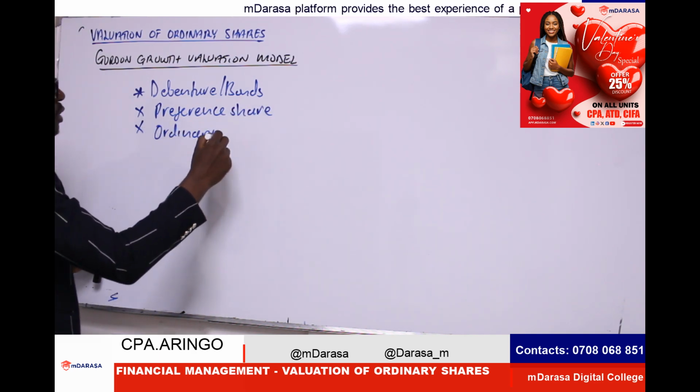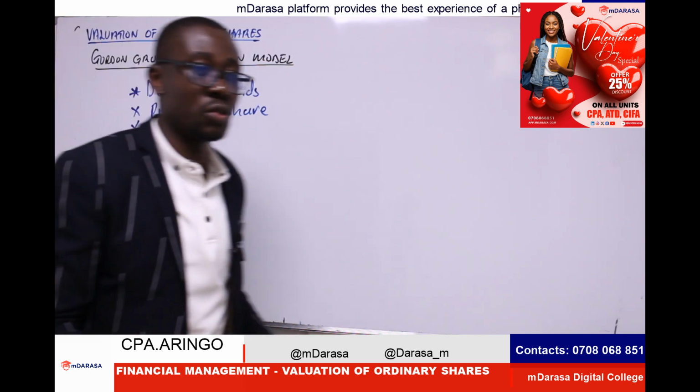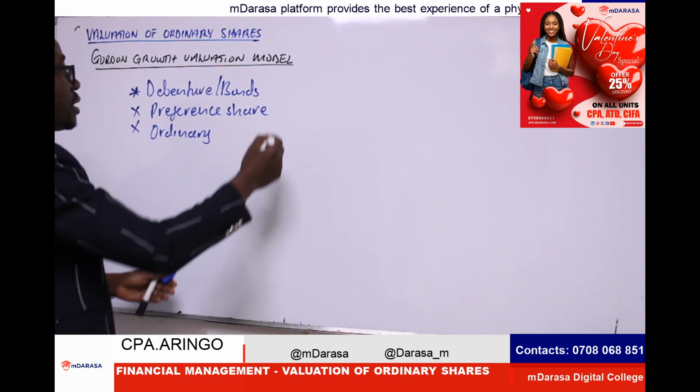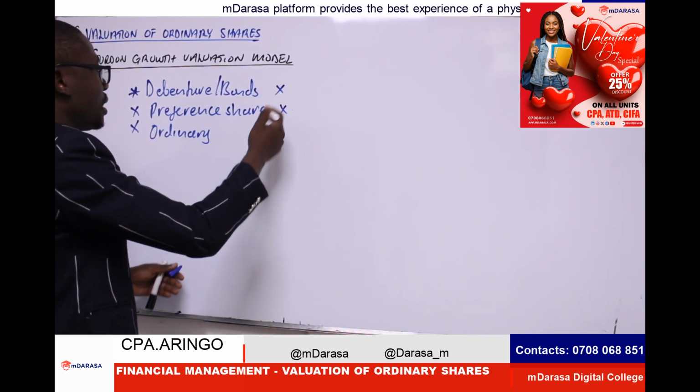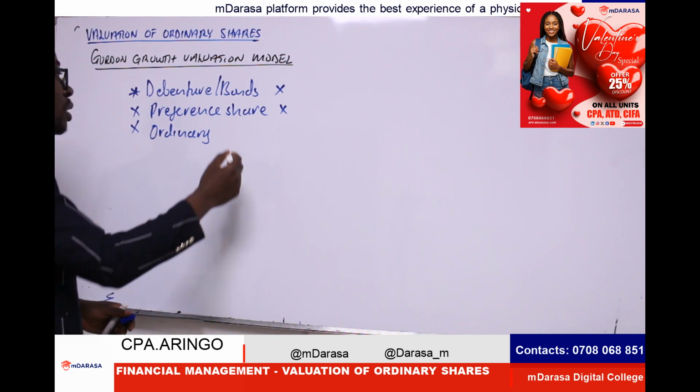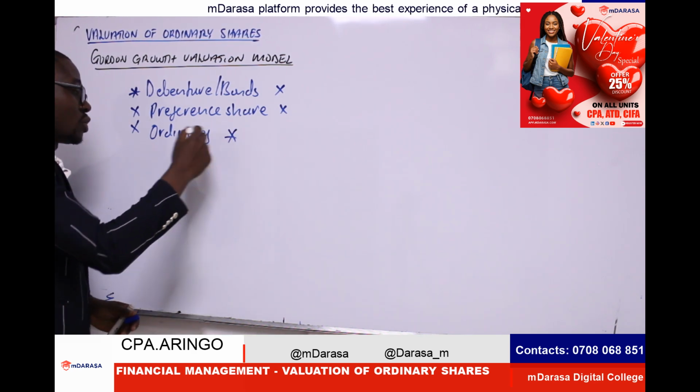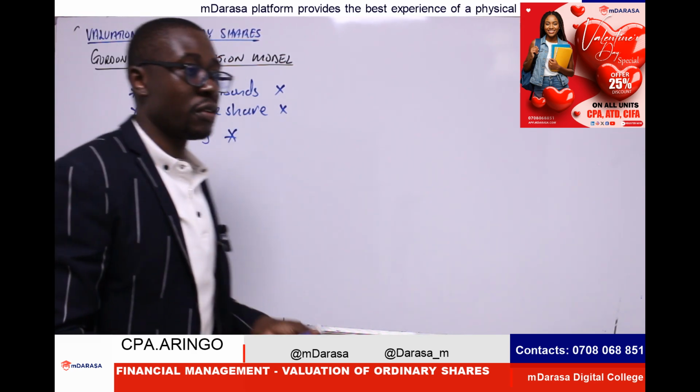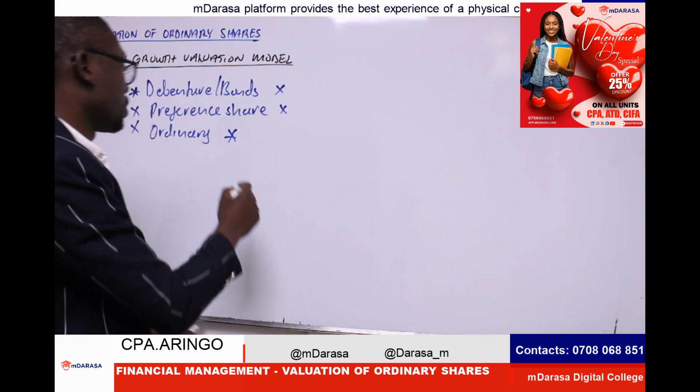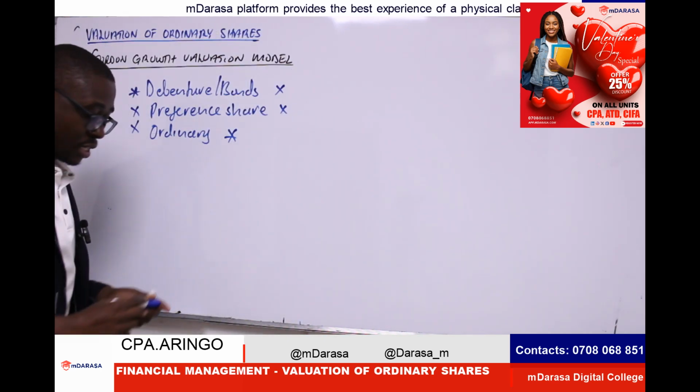So these are the three key securities that we normally consider. So far, I think we've analyzed clearly the two concepts, and in today's session I want us to consider the ordinary shares, which is always very key.